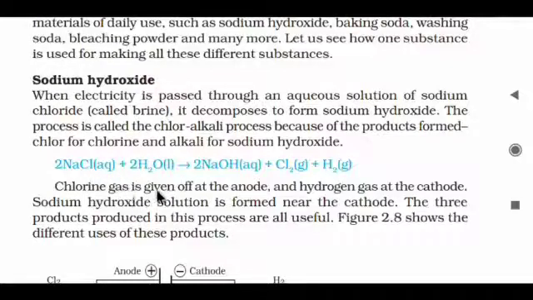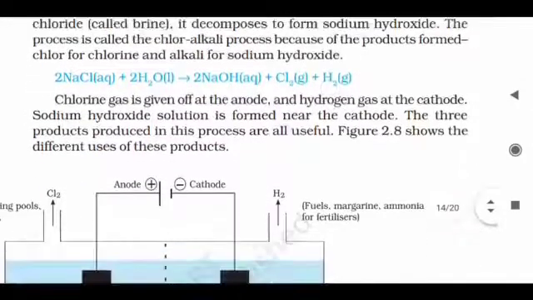Chlorine gas is given off at the anode. It means chlorine will be formed in gas form. Now, to perform this experiment, we have to take the help of an anode and cathode.